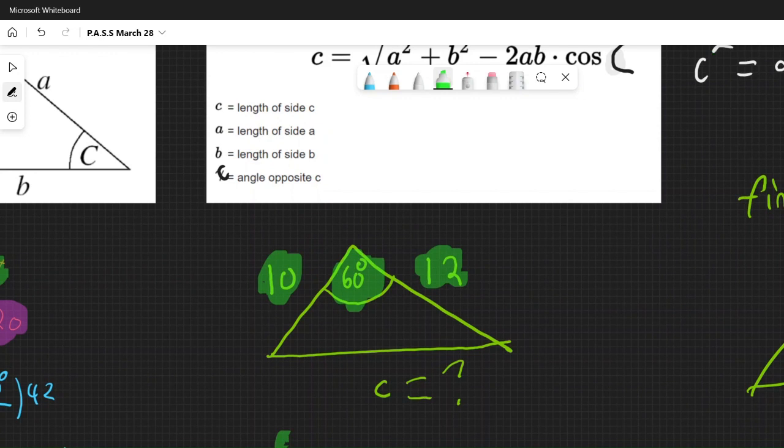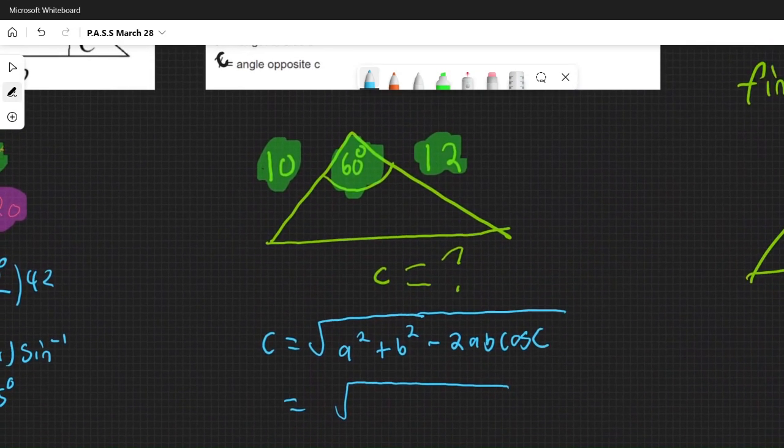So c equals the square root of a squared plus b squared minus 2ab cos of c. Just like the Pythagorean theorem, it doesn't matter which of these two letters is a or b, they're interchangeable. But the c value is important because it's paired up with this angle here.